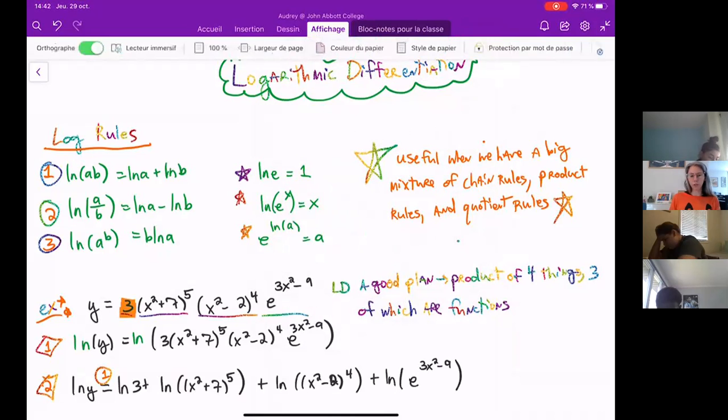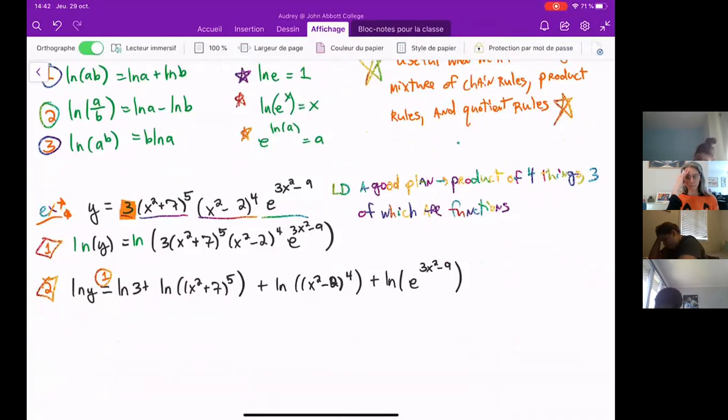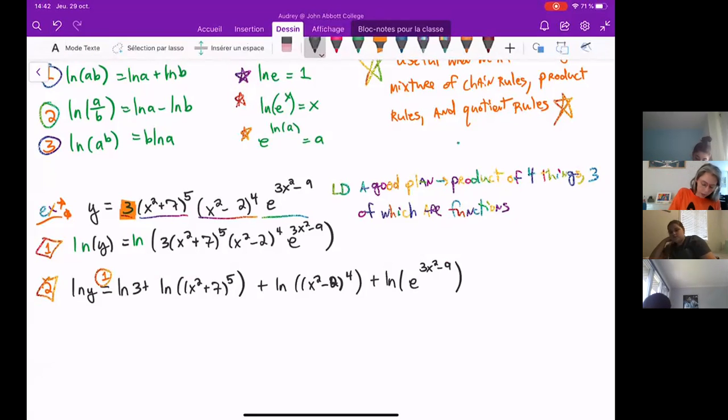Is there any more simplification that I can do? Good job, guys. I can use rule 3. So now we're going to say ln y is equal to, and I'm using rule 3 here. I'm also going to be using one of the stars.